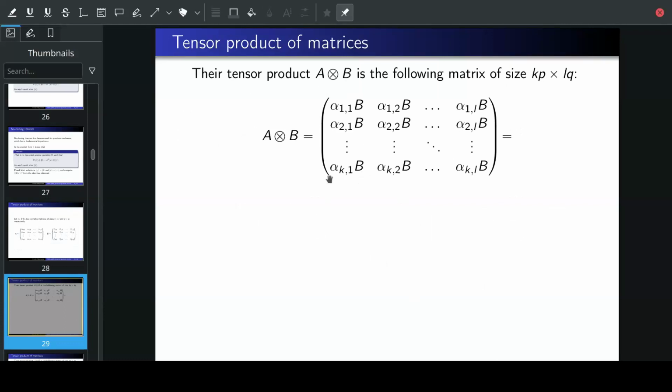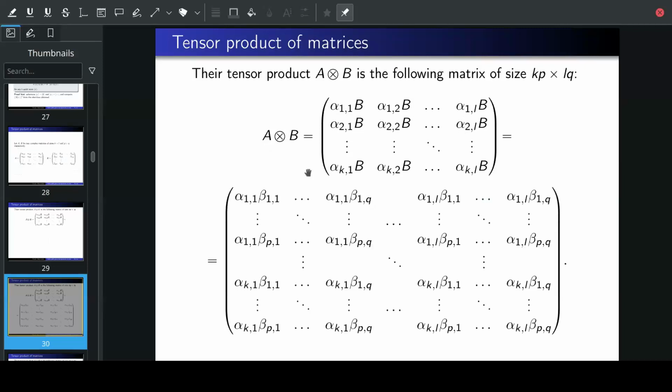This is a block matrix, and what we do is take each element of the first matrix and multiply it by the whole second matrix, and then we expand all the blocks. After we expand all the blocks, we will have this large matrix.